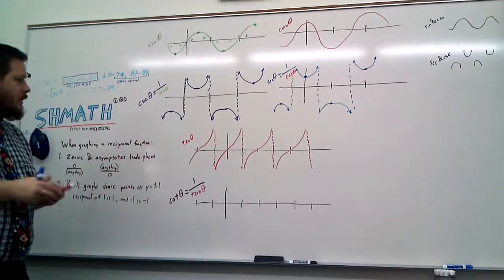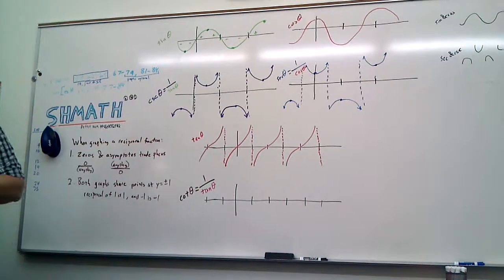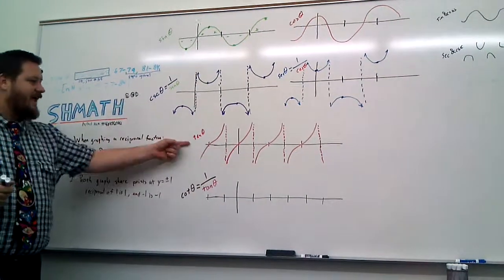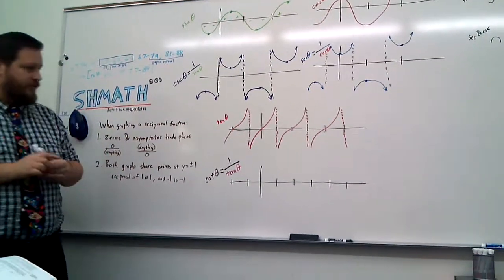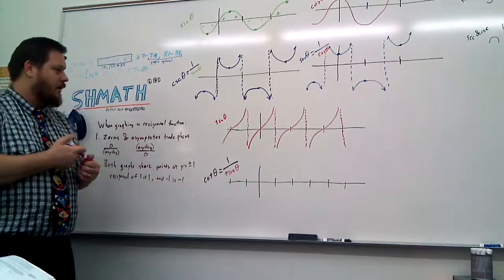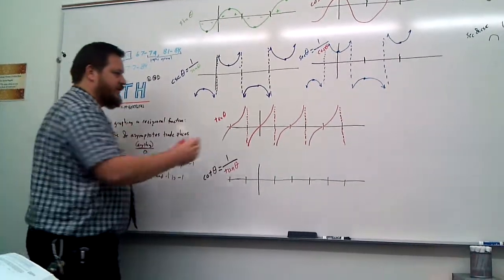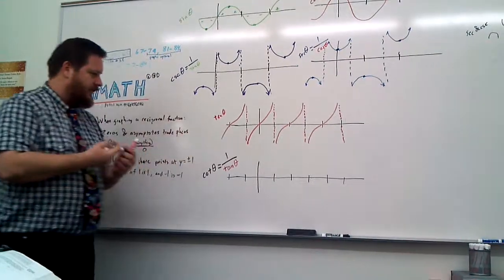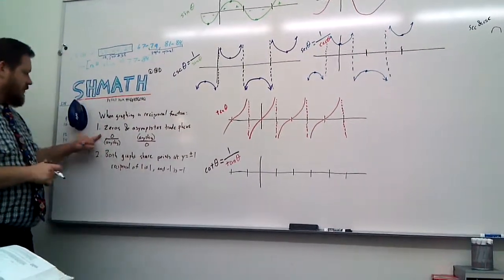Pretty exciting. Now, graph of tangent and cotangent. Tangent has zeros and asymptotes. So, let's do one thing at a time. Let's take a look at zeros.